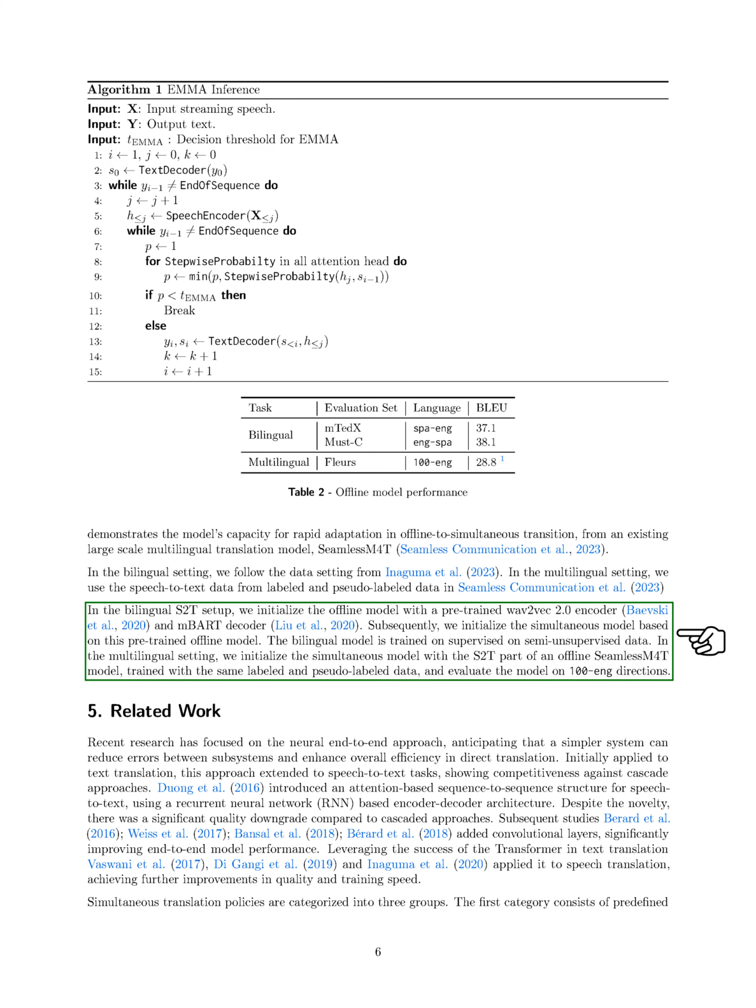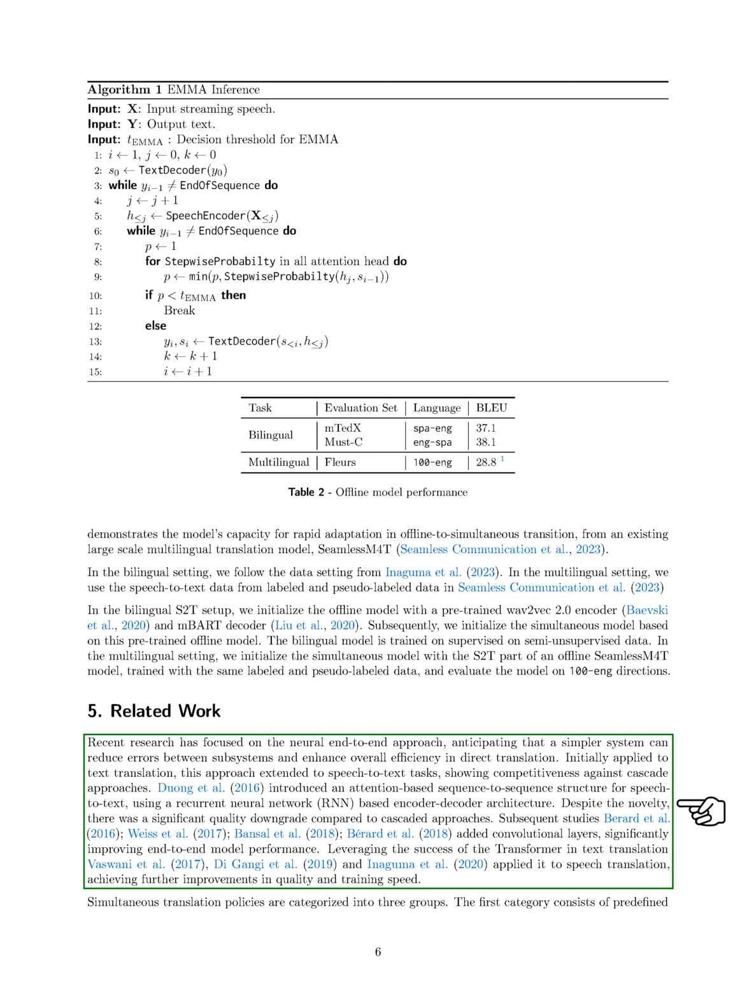In the bilingual setup, we started the offline model with a pre-trained Wav2Vec 2.0 encoder and mBART decoder. Then, we initialized the simultaneous model based on this pre-trained offline model. The bilingual model was trained on both supervised and semi-unsupervised data. In the multilingual setup, we started the simultaneous model with the speech-to-text part of an offline Seamless M4T model, trained with the same labeled and pseudo-labeled data, and evaluated the model on 100 English directions.